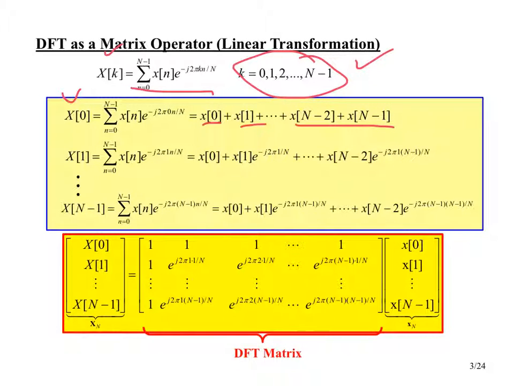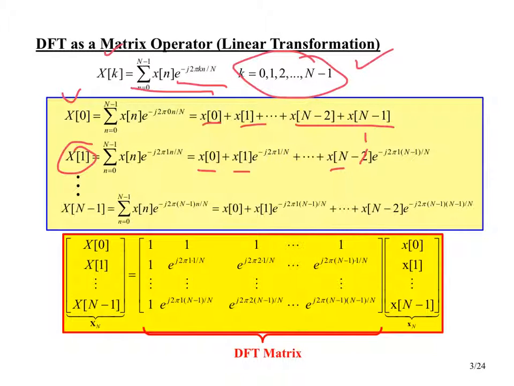Then for the DFT point at k equal to 1, we're taking all of our sample values, all the way out to N minus 1, times the complex exponential evaluated at different values of n for the given value of k equal to 1.